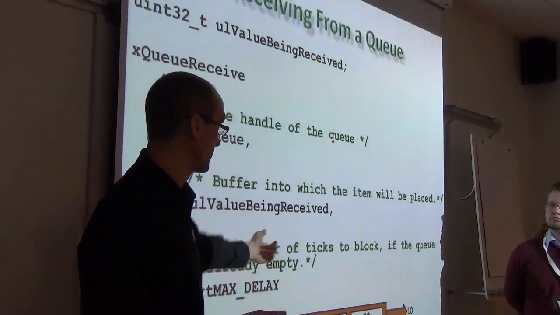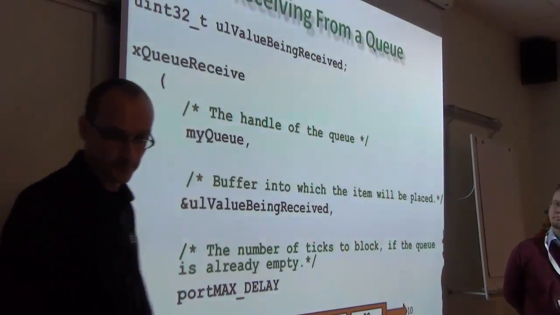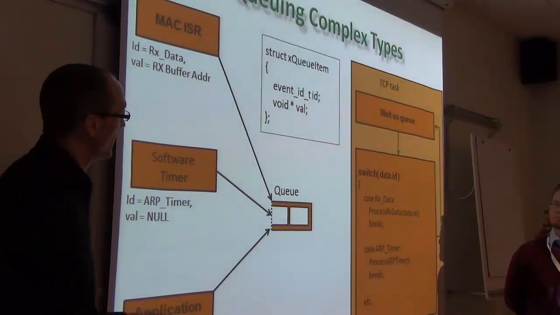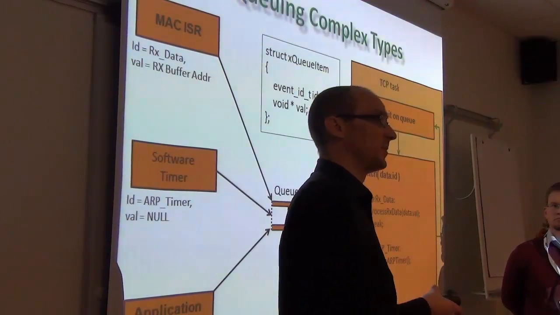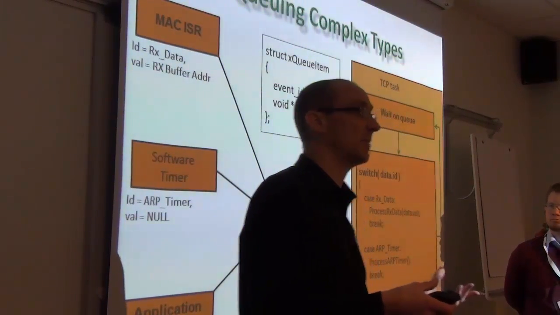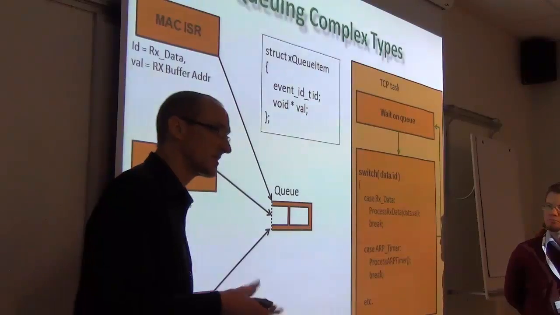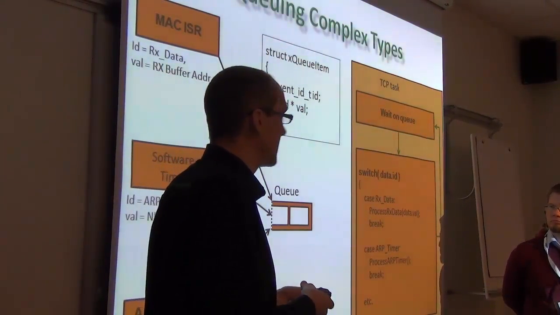If it's true, you've got some new data in here. If it's false, you timed out. So I've given a very basic example of how to use a queue there, and that is to queue a 32-bit number.